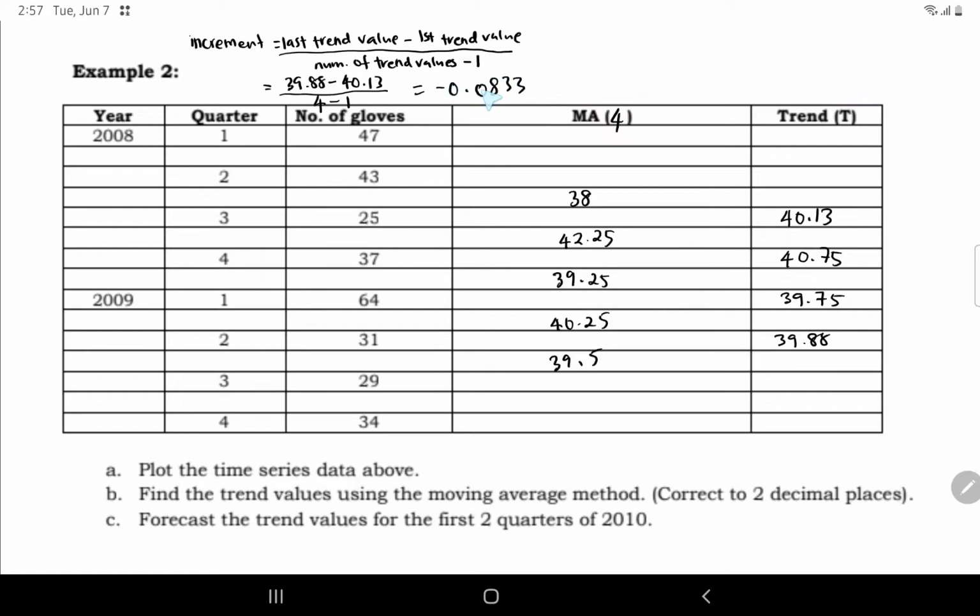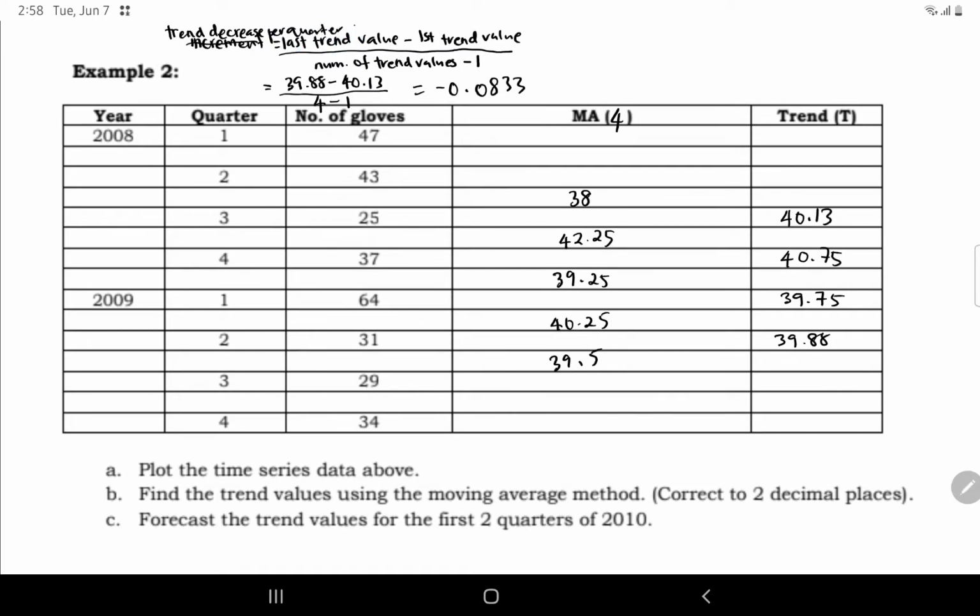So kalau negatif, increment negatif, maksudnya number dia decrease lah, the trend is decrease. If we get positive value here, it means that our trend is increase per quarter. So dekat sini, our trend is decrease per quarter. So dekat sini, kita boleh beritahu trend decrease per quarter.